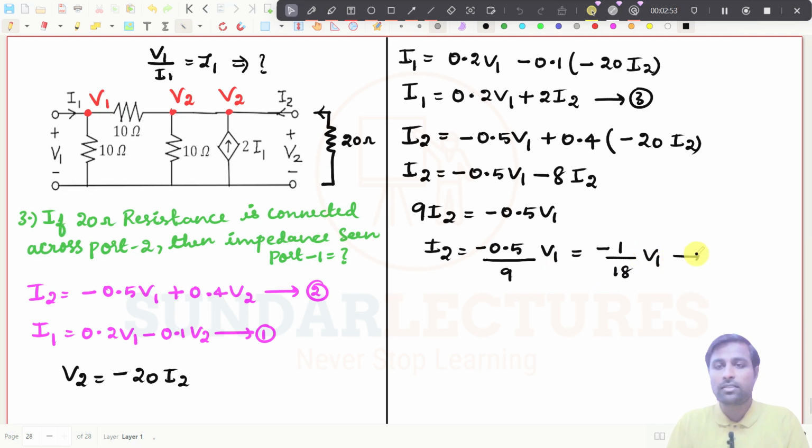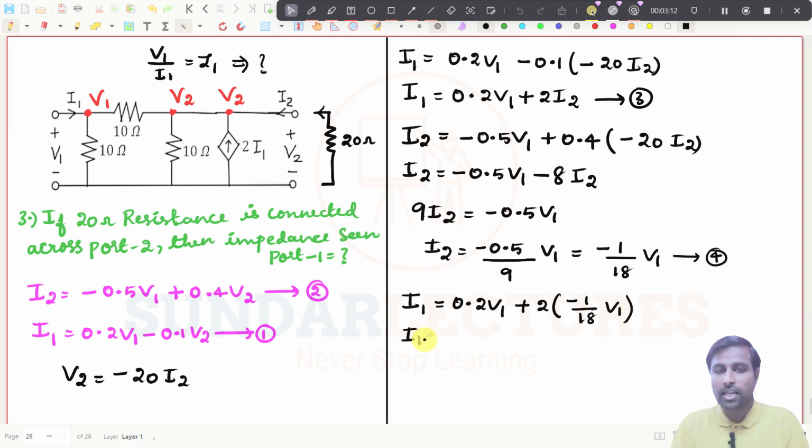So now this is expression number 4. You just substitute this value here in this expression, what will you get? So I1 will be equal to 0.2 V1 and then plus 2 into minus 1 by 18 V1. Right.